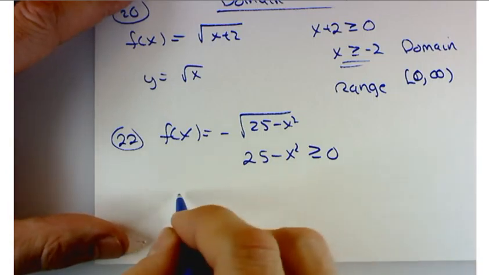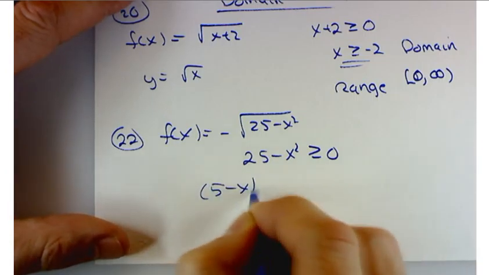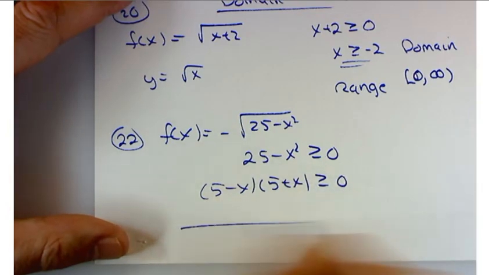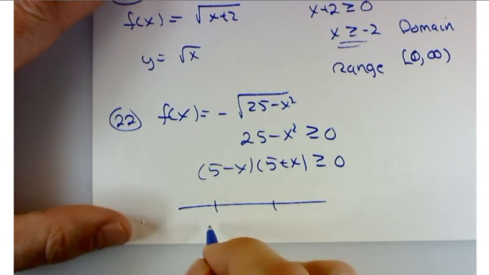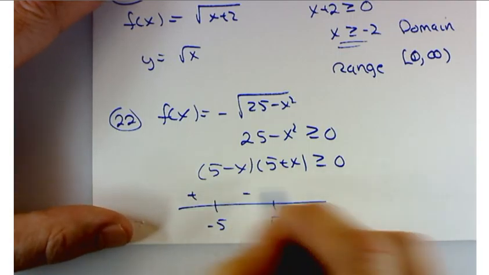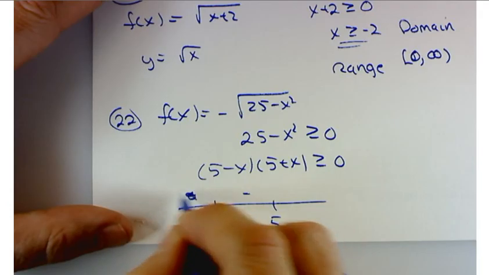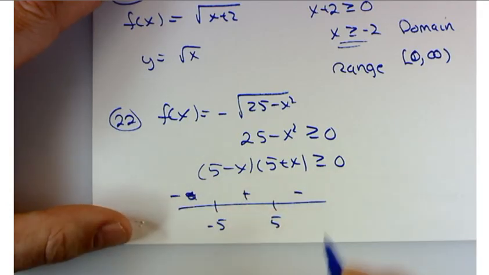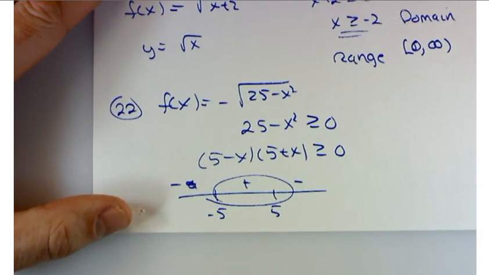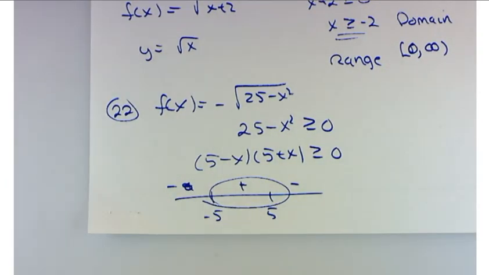You factor this, 5 minus x, 5 plus x. You get two numbers, negative 5 and 5. When you test it all out, negative, positive, negative, you'll see that the interval you want is this middle interval. So kind of a quick review of a polynomial inequality there.